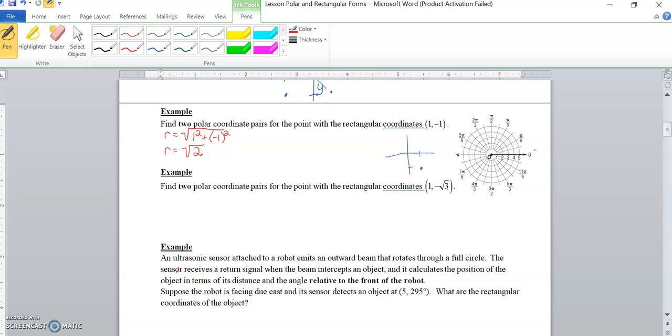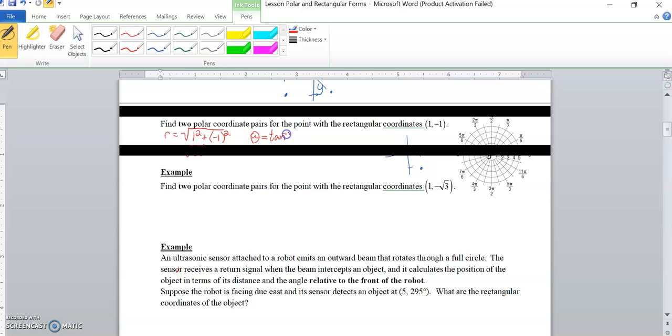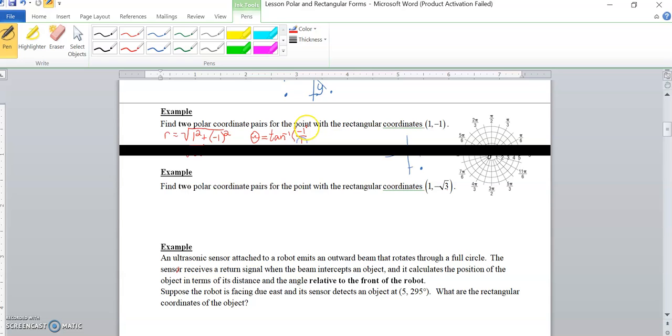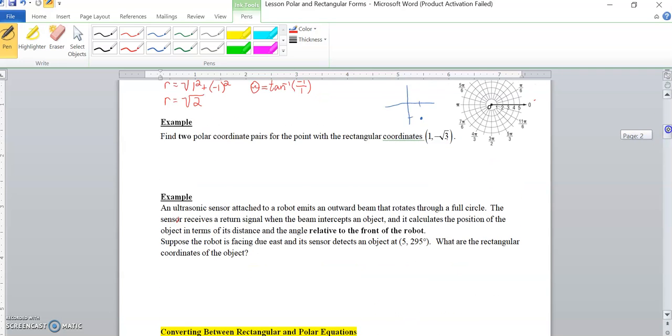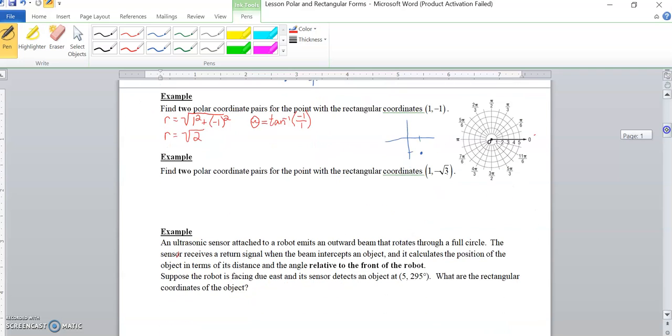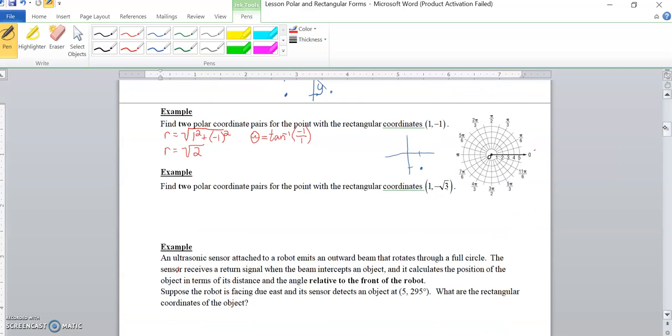So we've got half of our coordinate, and then we have to find theta. Theta is tangent inverse of -1 over 1. When we run that, sorry, I have to keep moving my screen because it blacks part of it out, not sure why it's doing that.